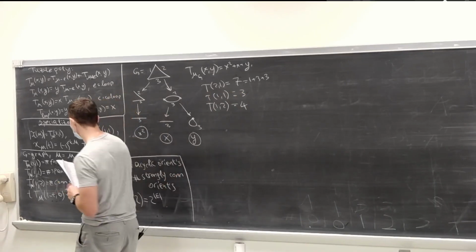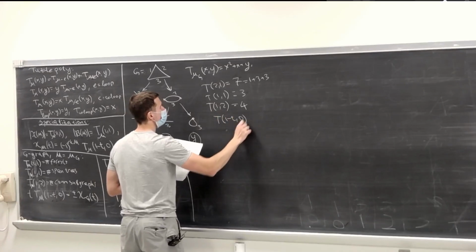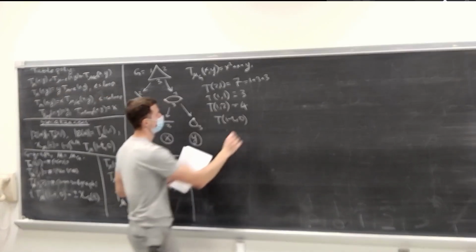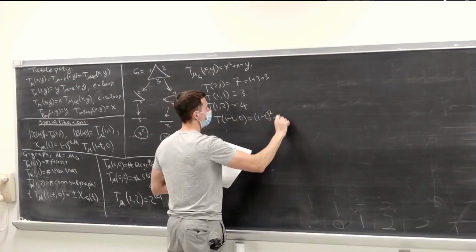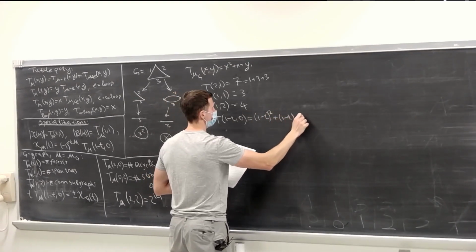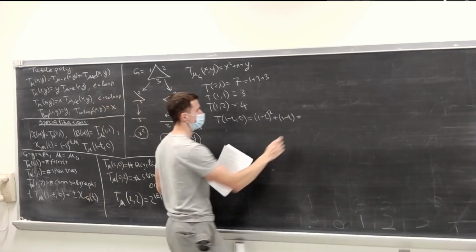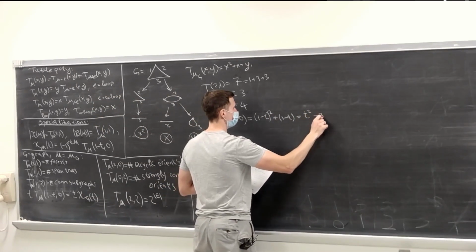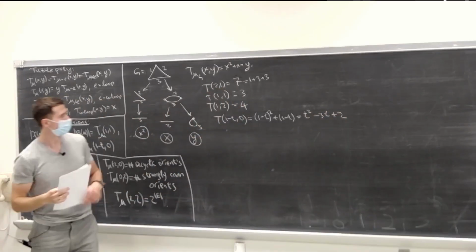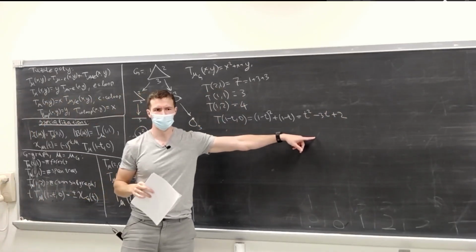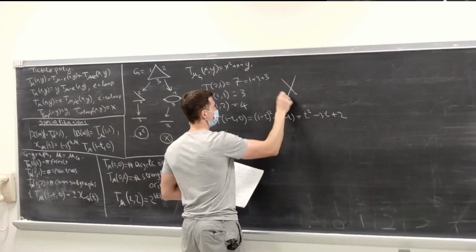All right, what's the next one? T of (1 minus t, 0). That's actually tricky: (1 minus t) squared, plus (1 minus t), plus 0. Yeah, that looks familiar, right? That was the characteristic polynomial of the braid arrangement.